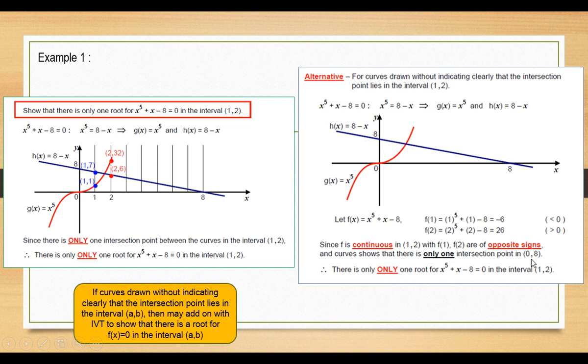Why from 0 to 8? Because you stated 0 to 8. There is only one root for x to the power 5 plus x minus 8 equals 0 in the interval (1, 2).